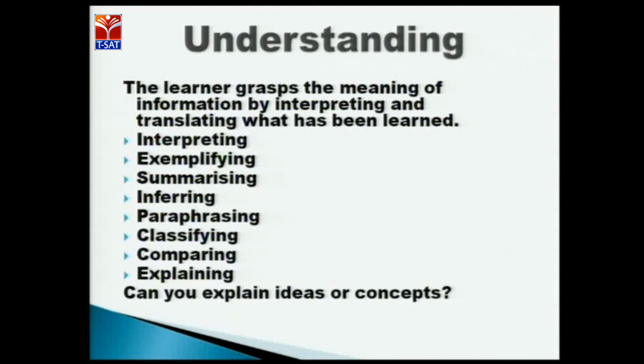There are various things involved in understanding: interpreting, exemplifying, summarizing, inferring, paraphrasing, classifying, comparing, and explaining. When can we say that a person has understood something? When someone is able to explain something on his own, in his own words, then understanding is made.